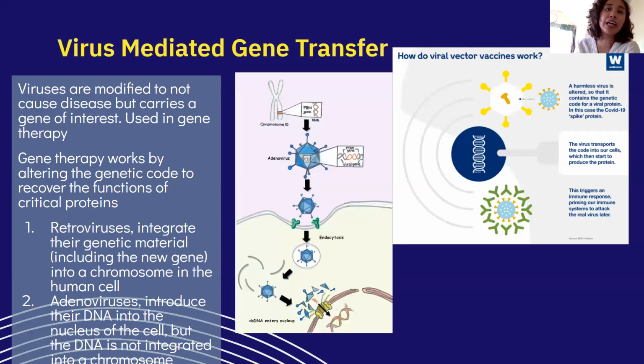We also have virus-mediated gene transfer. So what they use are viruses as vectors. Okay? As carriers. Yan. Carriers na. So dito, example, ito ay isang adenovirus. Tama ba ako? How do viral vector vaccine work?